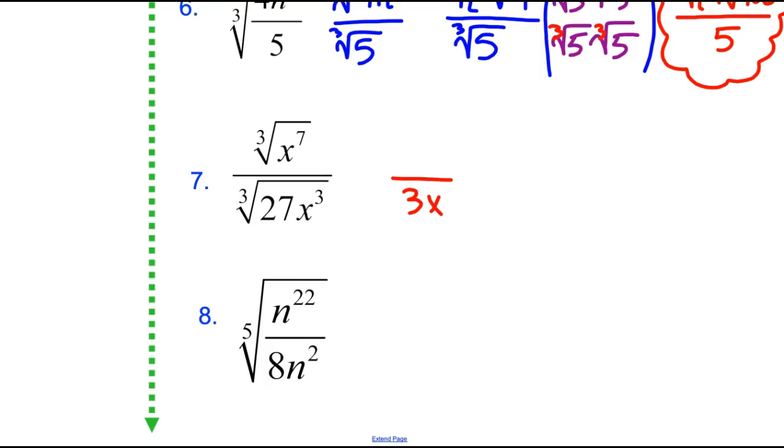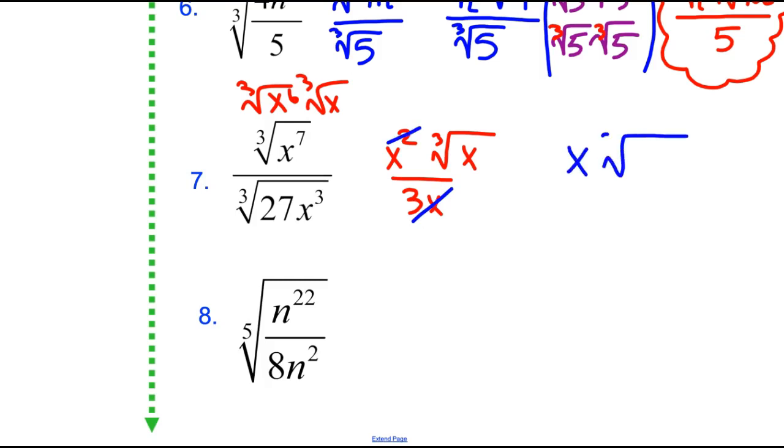And then the top part, if I break that up like that, it becomes x squared and then the cube root of x left. And then we do get a little simplifying, that x cancels out with that. So this is x cube root x all over 3.